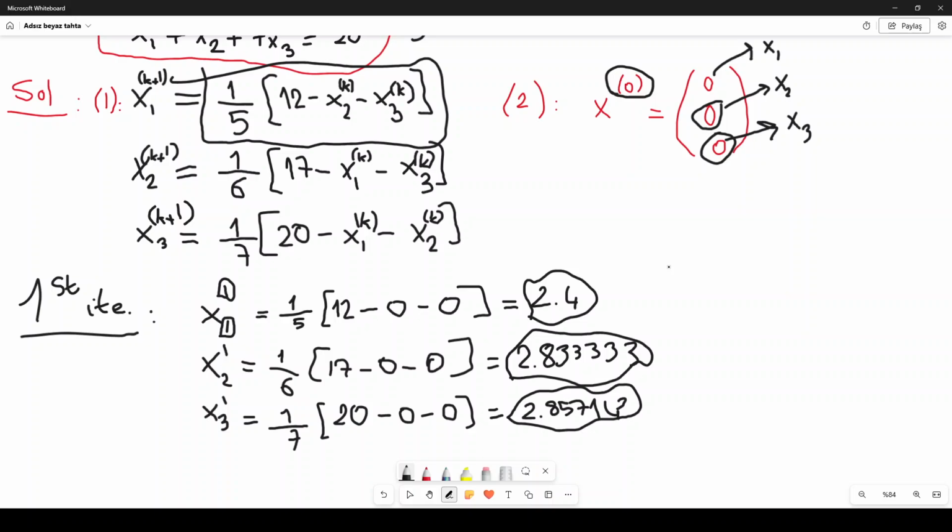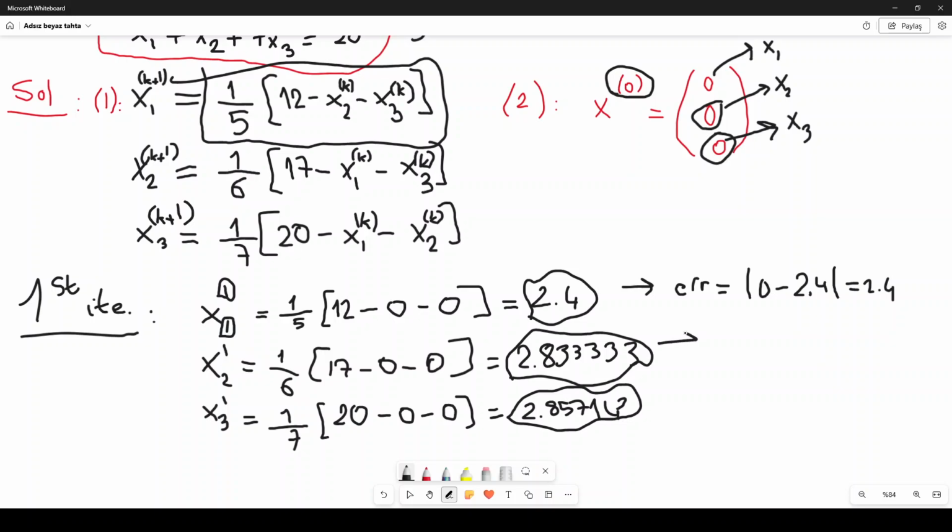If we want to compute the error for each unknown variable, for instance the first unknown variable, the error is the absolute value of 0, because it is the initial value of the first unknown variable, minus our computed value at the end of the first iteration. Don't forget to take the absolute value. So we got 2.4.